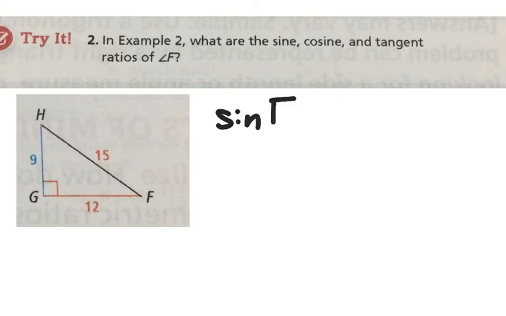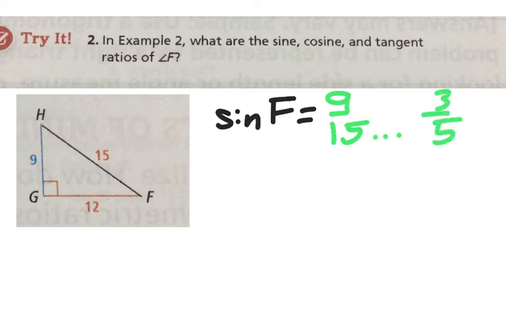Okay, so if I was asked to find sine from angle F, we have to know sine is the opposite over the hypotenuse. So from F, my opposite side is 9. My hypotenuse is 15. So sine of F would be 9 over 15, which we can reduce to be 3/5.